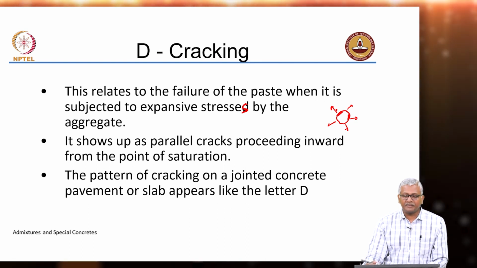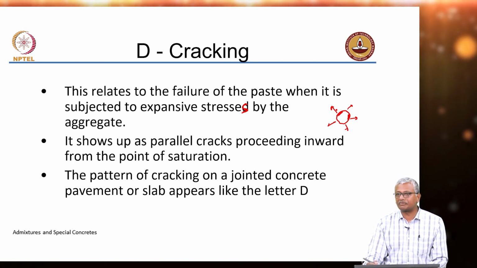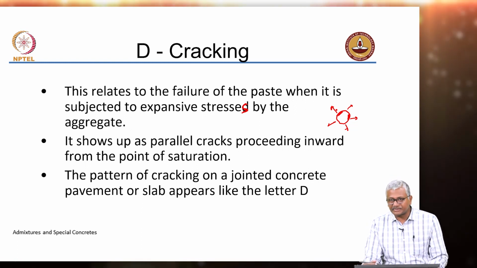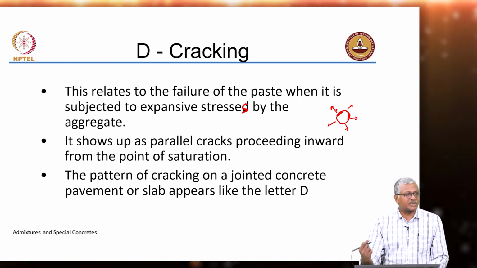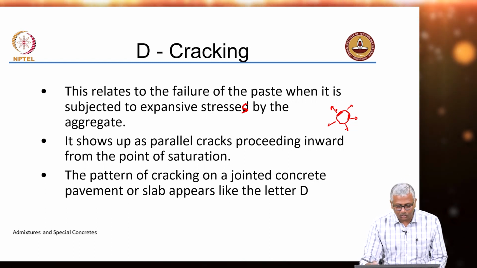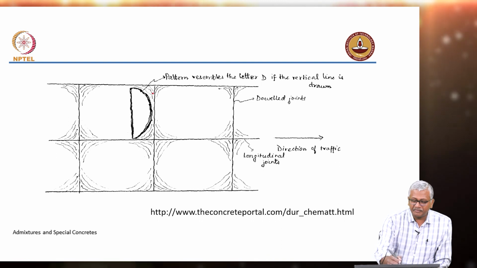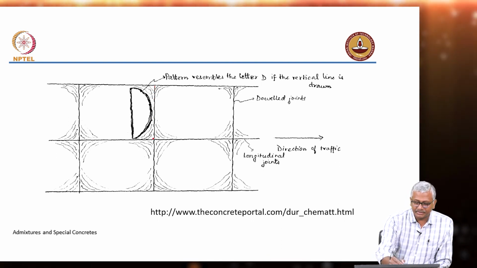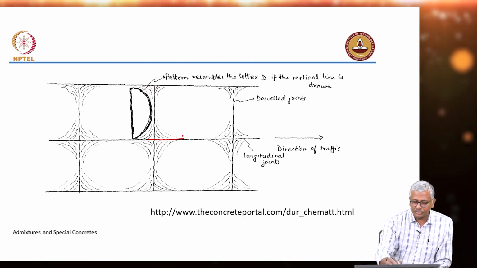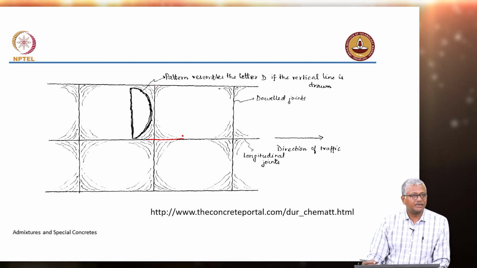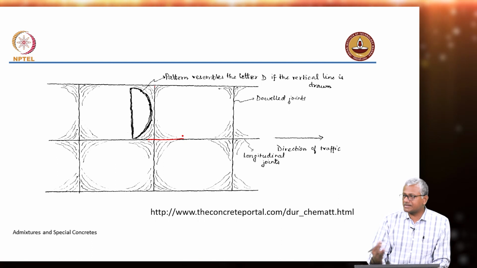Now, the name D-cracking is arising from the fact that this type of cracking was first seen in concrete pavements, where the cracks were in the pattern D. I will just show you just now. So, these are concrete pavements. You have your joints, the transverse joint and the longitudinal joints. Joints are points where water can actually get in relatively easier as compared to other locations.